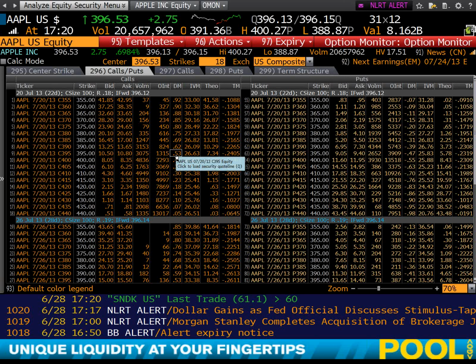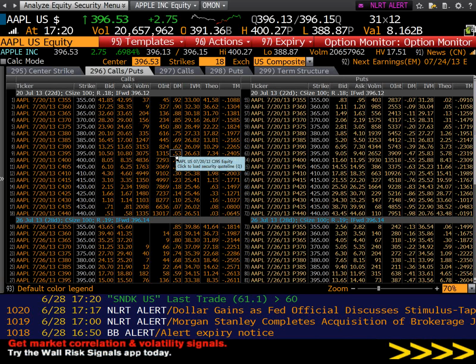So let's say that you've done your calculations. You have decided that tomorrow Apple, after the earnings are reported, reopens, and the stock price will not have changed, but the implied volatility would have gotten cut in half. Okay? Your delta, if it's 0.53 today, is likely to be something less.